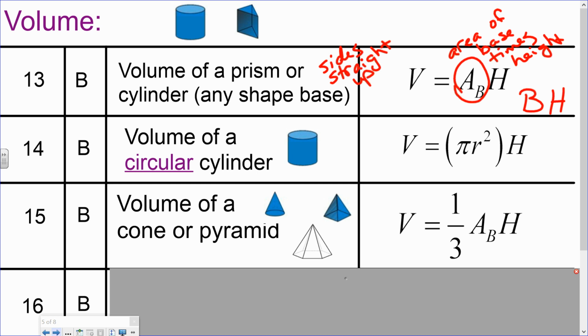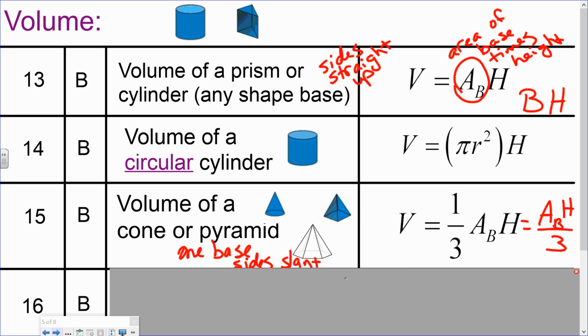If it is a cone or a pyramid, so it only has one base, and then the sides slant, the formula is similar, but times a third or divided by 3. So it's the area of the base times the height divided by 3.